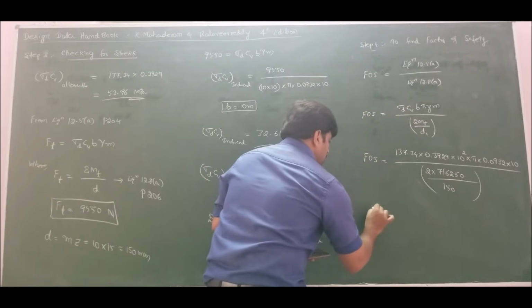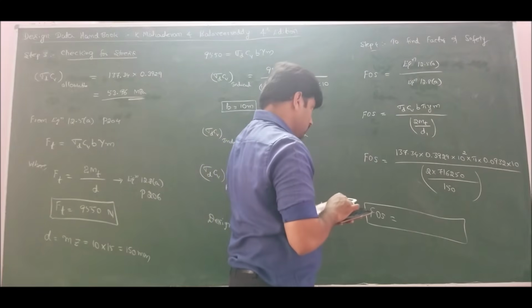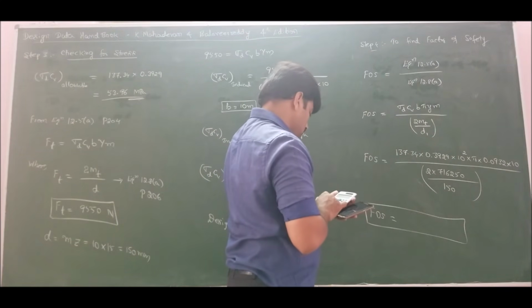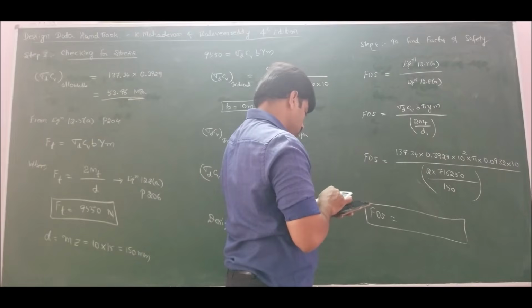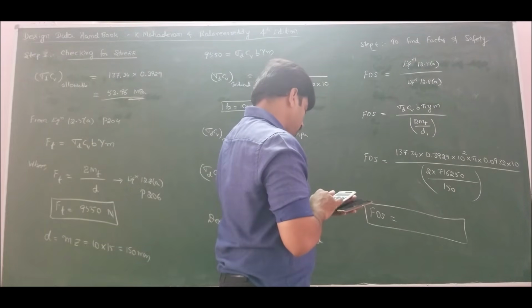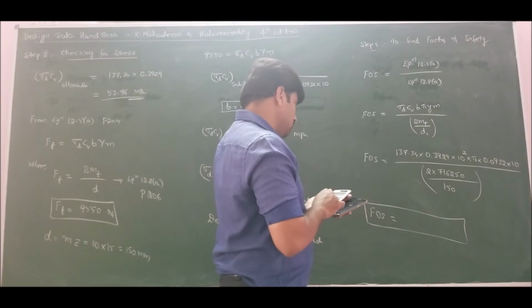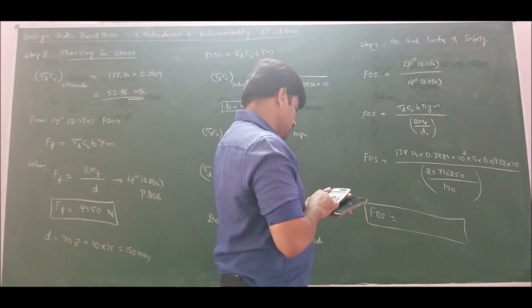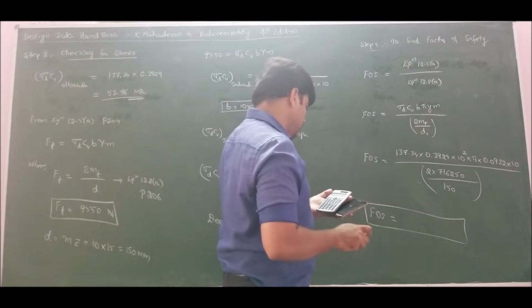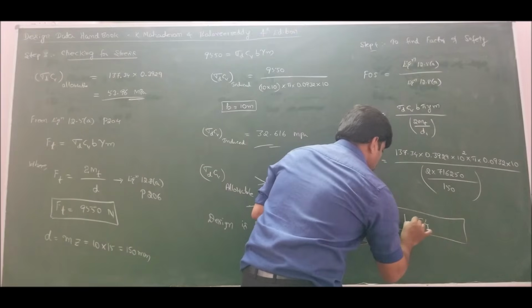So if I solve, the factor of safety will be (137.34) into 0.3929 into 10 cube into pi into 0.0932 into 150 divided by 2 times 716250, which yields us 1.654.